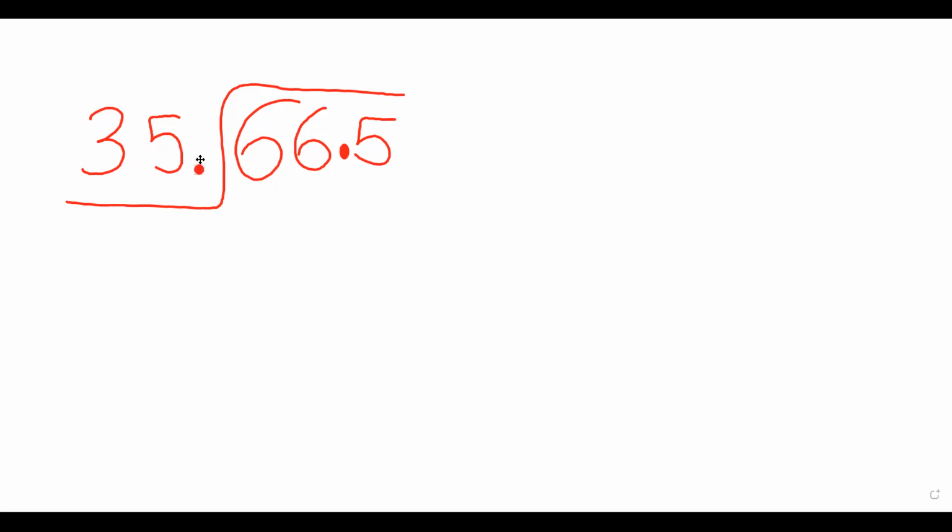Now, when I moved 1 digit in the divisor, how many digits should I move in the dividend? 1. If I move the divisor 1, I have to move the dividend 1 digit too.